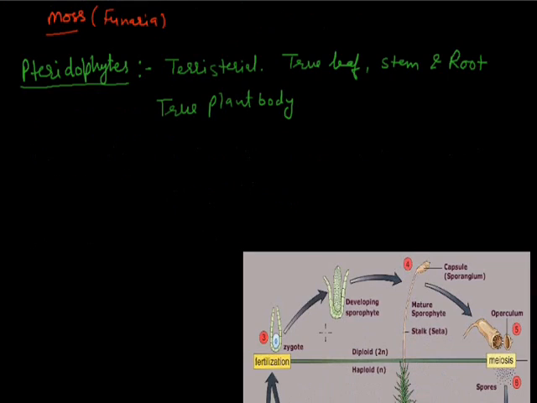Pteridophytes grow on the land. These plants have well-developed xylem and phloem. So they are also called vascular cryptogams.